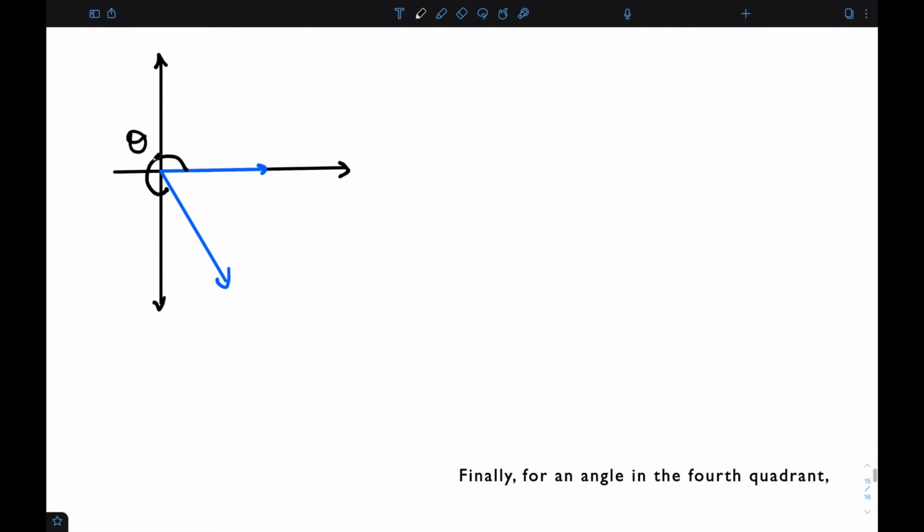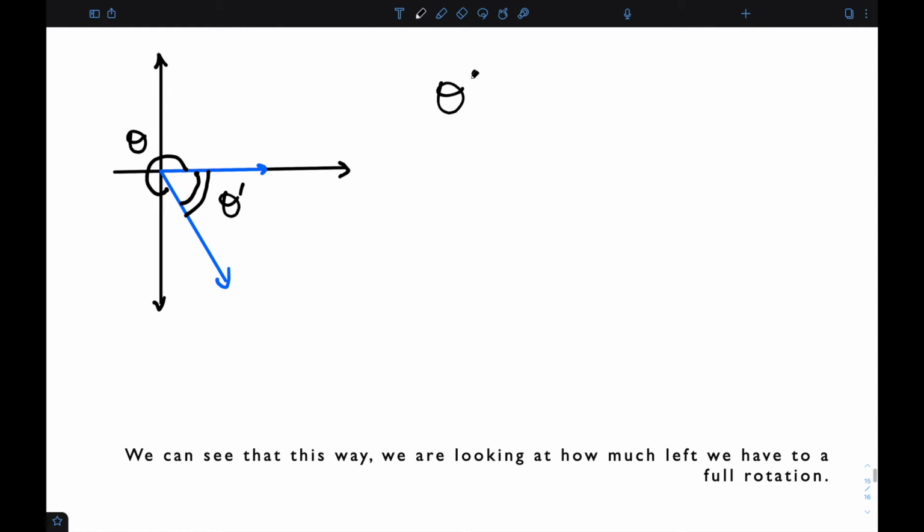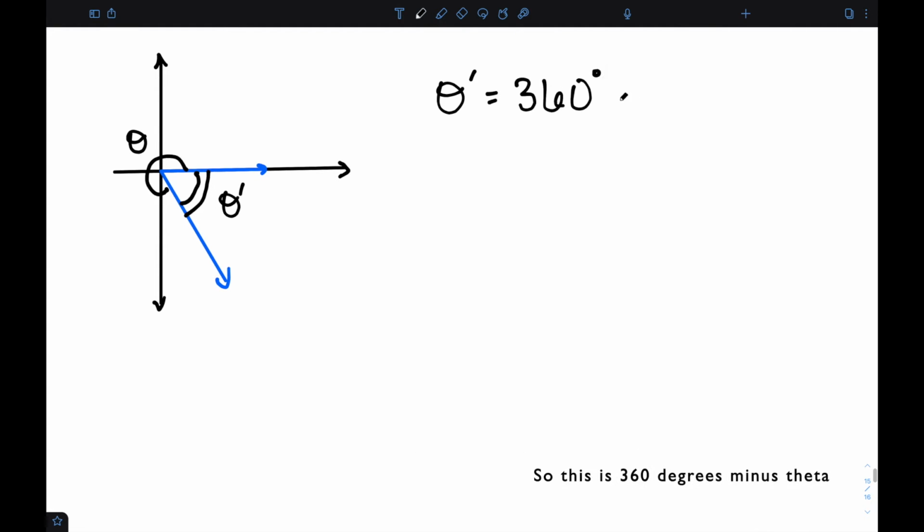Finally, for an angle in the fourth quadrant, to look at the terminal side and the x-axis, we would need this angle here. We can see that this way we're looking at how much we have left to a full rotation. So this is 360 degrees minus theta, or 2 pi minus theta.